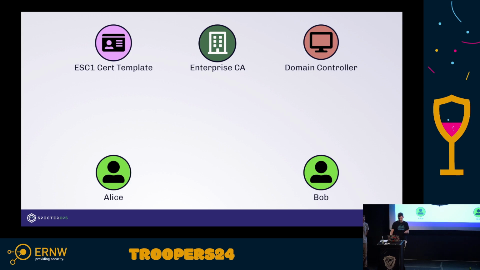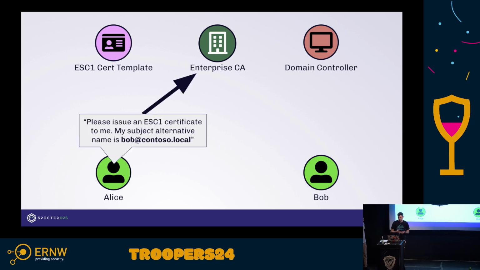The way she would do this is she asks the enterprise CA to issue a certificate valid for authentication, where a particular field in the certificate called subject alternative name will be populated by the user principal name of some other user. Maybe Bob is a domain admin, so we can say my SAN is bob@contoso.local.